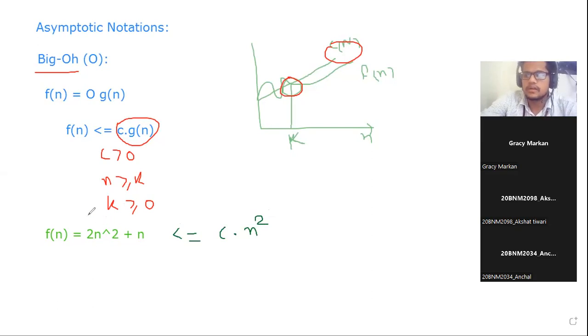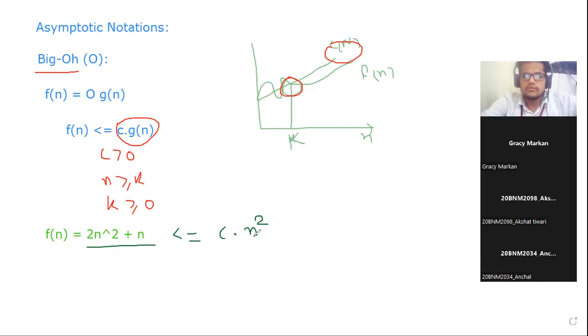We pick n square because we have already defined 2n power of 2. So Gn is n square. Any doubt about Gn? For this complexity, the maximum time it takes is n square, and n is also part of this.